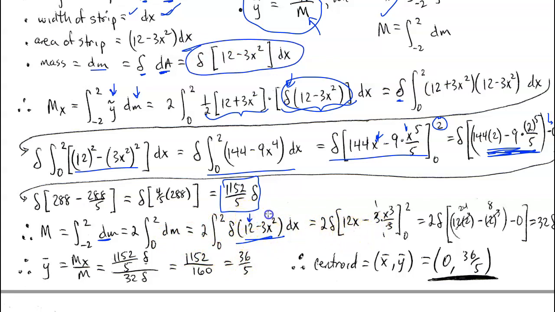So take the antiderivative of 12, take the antiderivative of minus 3x squared, and then after that, evaluate at 2 and evaluate at 0. And of course, the reason I'm doing that here is because if you notice, this particular function here is an even function. And the same kind of thing happened here when I went from here to here. So I noticed that whatever function I was dealing with was even.